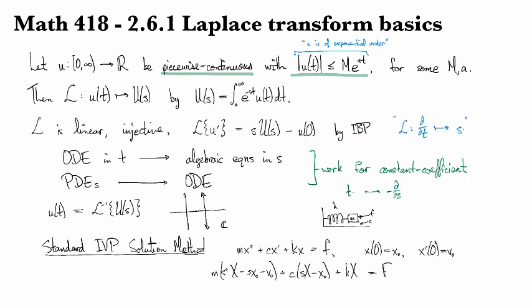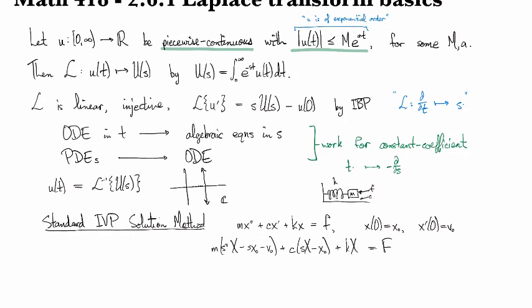And then we have the Laplace transform of f, which I'll write as capital F. And so then collecting the coefficients of x on the left, we have (ms squared plus cs plus k) times x on the left. And on the right, we have F plus m s x naught plus m v naught minus c x naught.